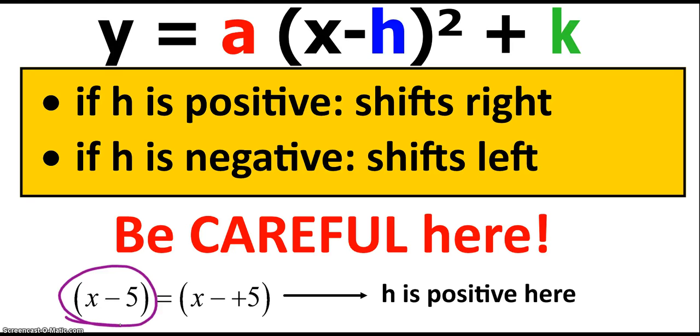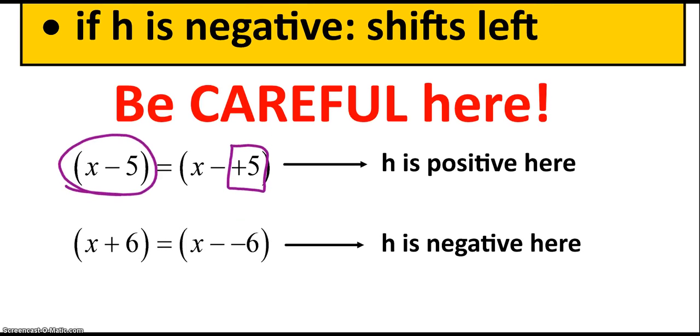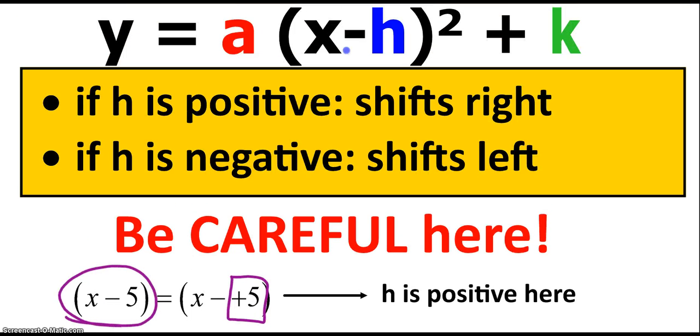This is actually a positive 5, so it will move to the right 5 places. Let's say I have another example, x plus 6. This is actually x minus a negative 6, so it will move to the left 6 places. You have to be very careful about h. Inside that parentheses, this negative that you see is going to throw things backwards.